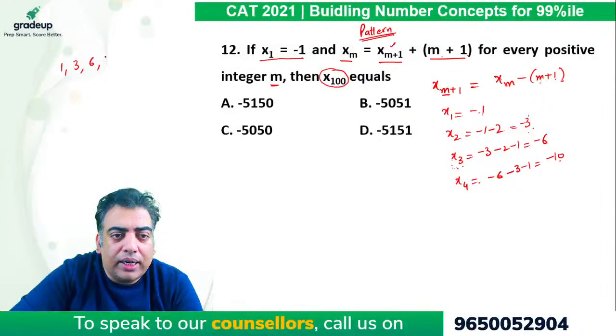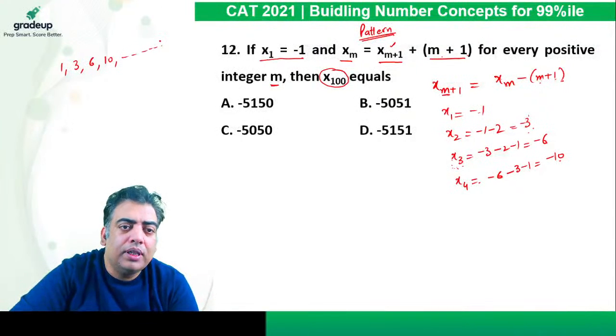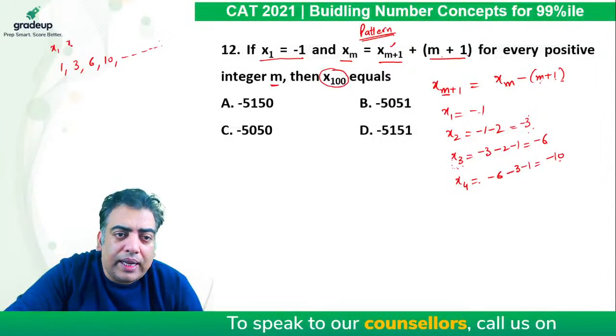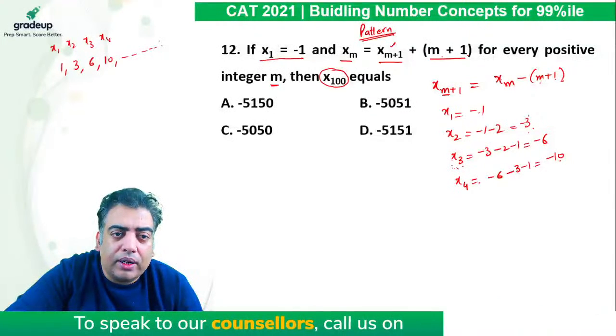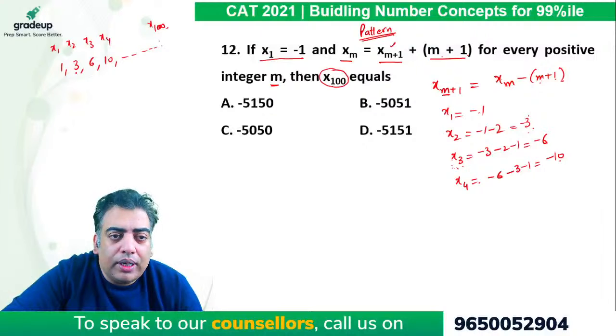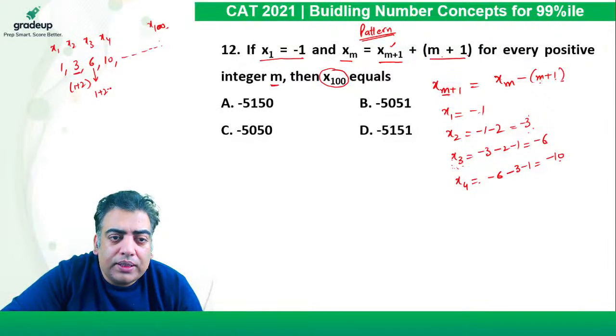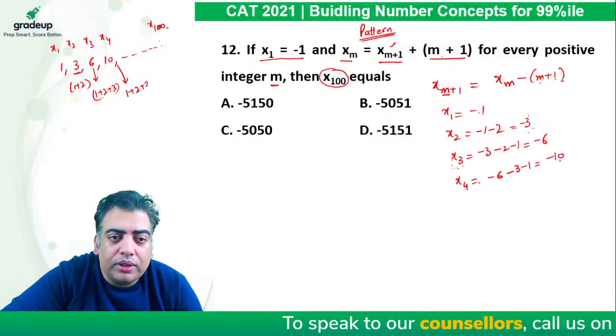All terms are negative, but I am just writing them in positive values. So negative will be taken care of. So this is x1, x2, x3, x4, and we are required value of x100. It is one of the very common series. Here this 3 is 1 plus 2, this 6 is 1 plus 2 plus 3, this 10 is 1 plus 2 plus 3 plus 4.